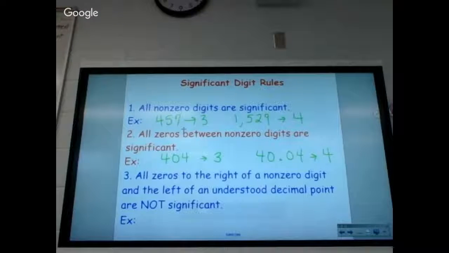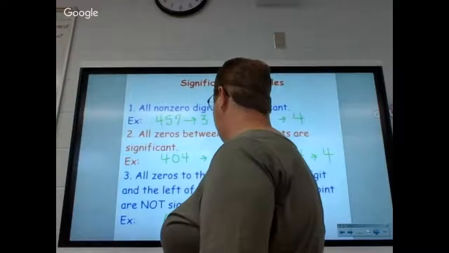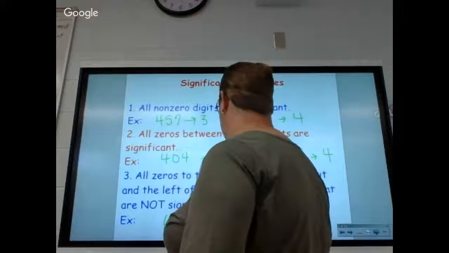All zeros to the right of a non-zero digit, but to the left of an understood decimal point are not significant. I'm talking about a number like 10,450.